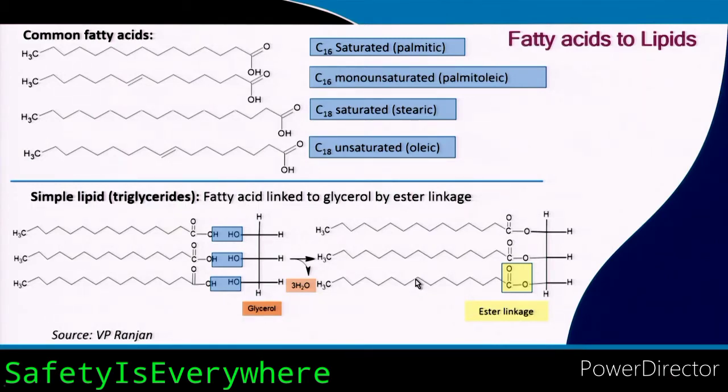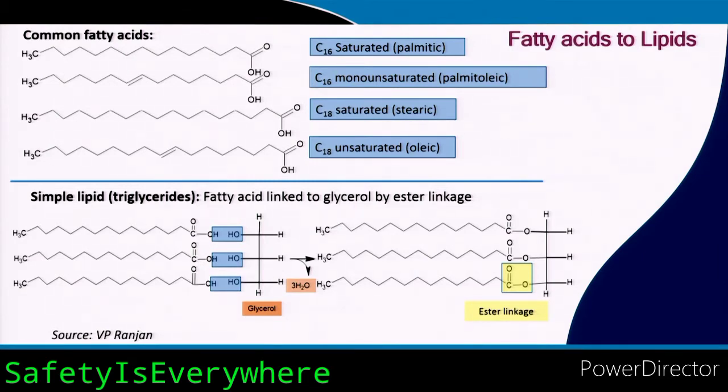And I think I also have a mention of this ester linkage serving as a biomarker. So one of the major differences between bacteria and archaea, if you remember the 3-domain classification that is now very popular in every microbiology textbook, it is based on these two kingdoms, bacteria and archaea.